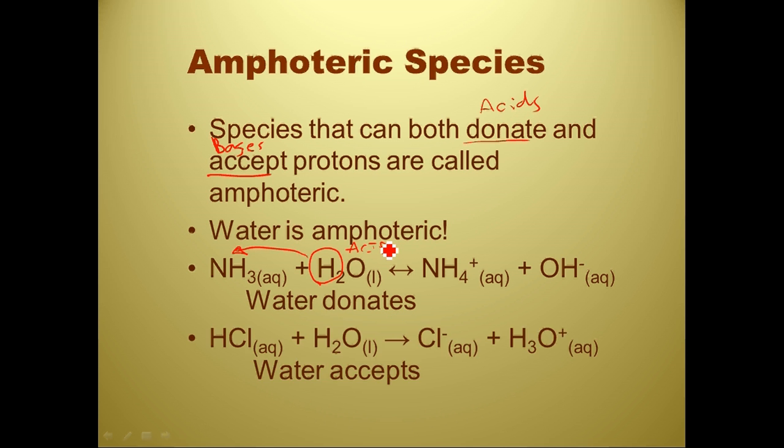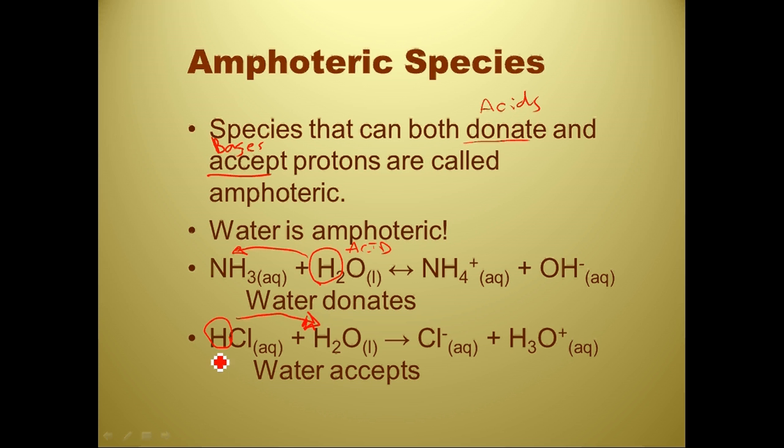Now, in this second example, we've got hydrochloric acid, a strong acid, and water, and it's forming chloride ions and the hydronium ion. In this particular case, the hydrogen is staying here. The acid is known to be the one that donates the proton, or the hydrogen ion.